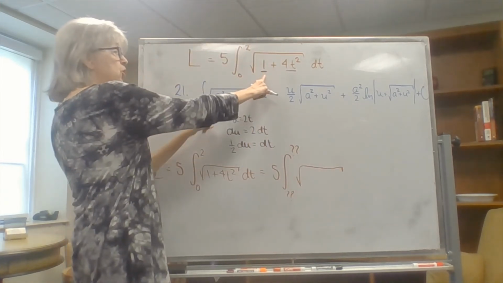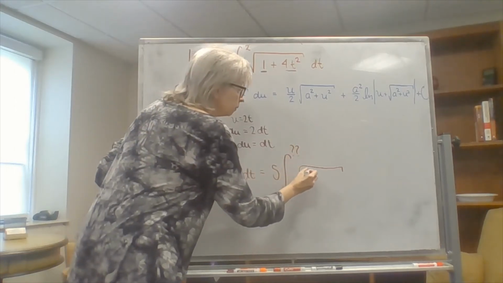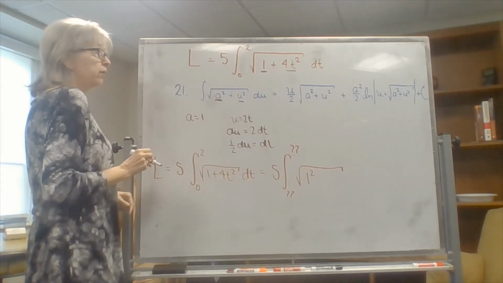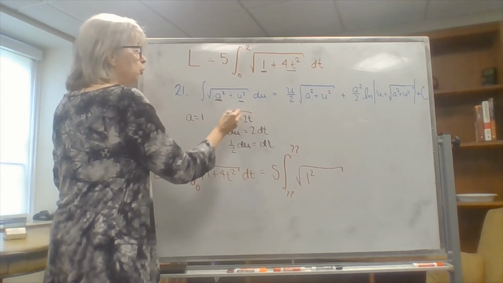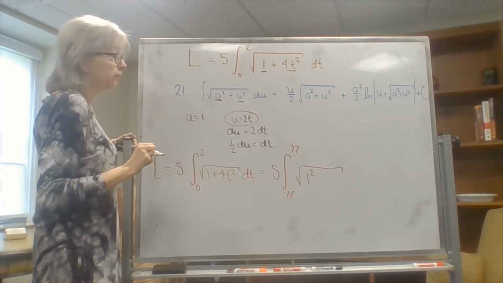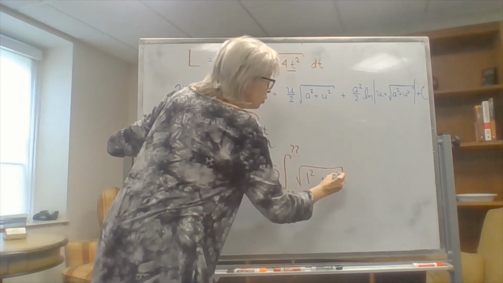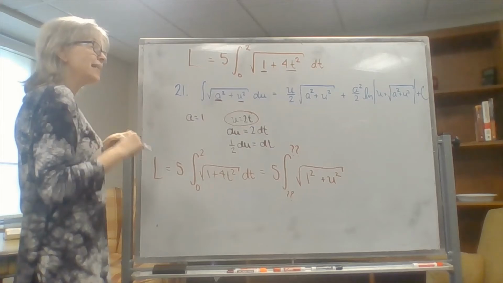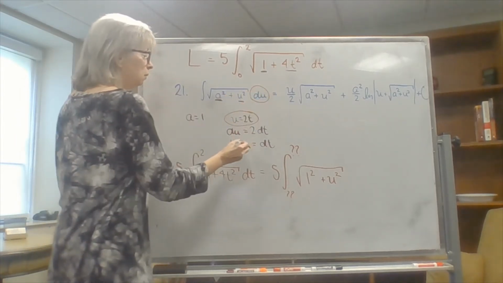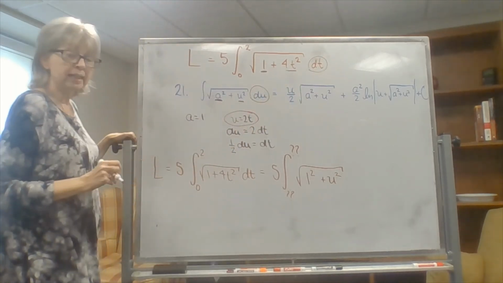I want to match this 1 with this a squared and write it as 1 squared. u is going to take the place of 2t squared. So 4t squared gets replaced with u squared. du and dt aren't identical.